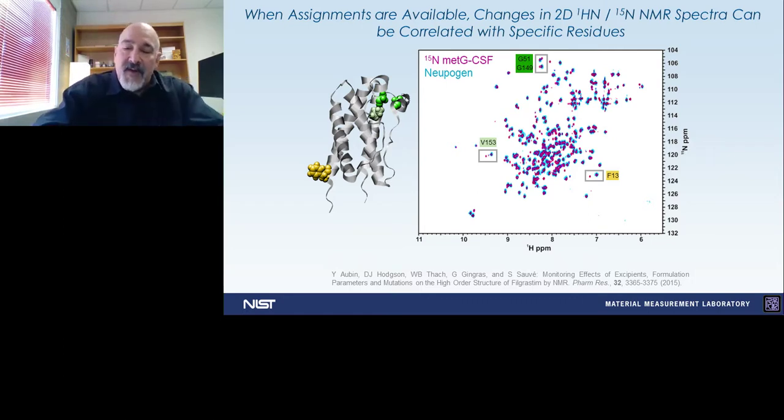So NMR gives us a way to extract structural information of proteins in solution, more or less as formulated.